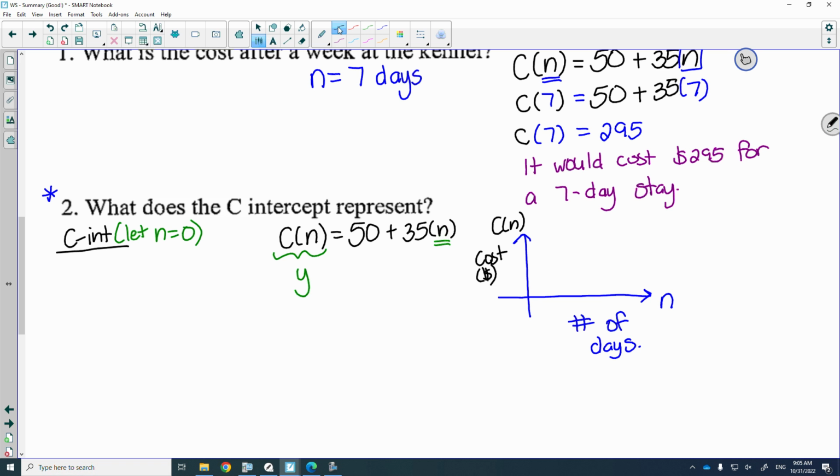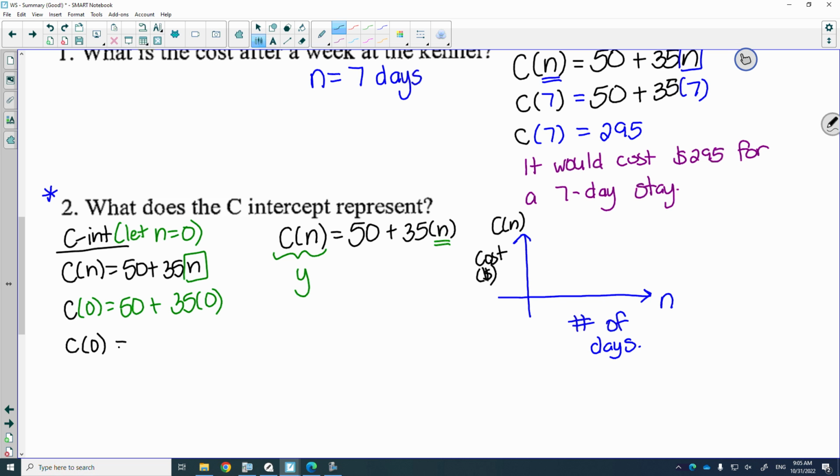So your formula was C of n is equal to 50 plus 35n. Take that out, and we're going to put in 0. So C of 0 is 50 plus 35 times 0.